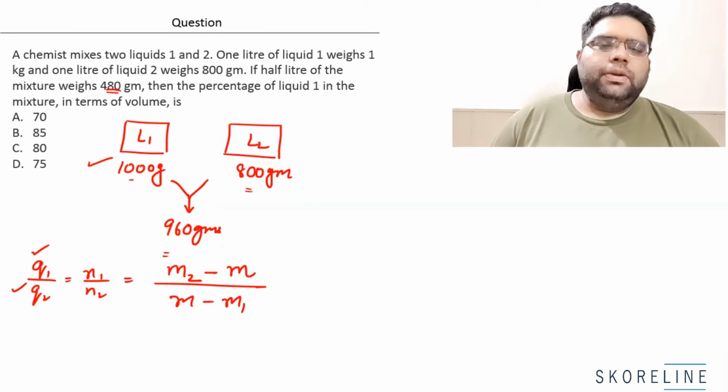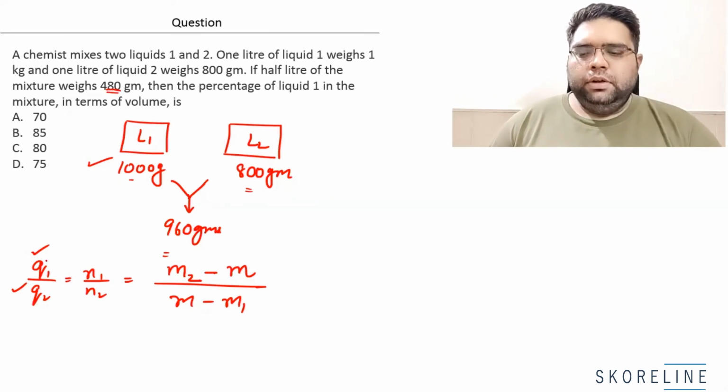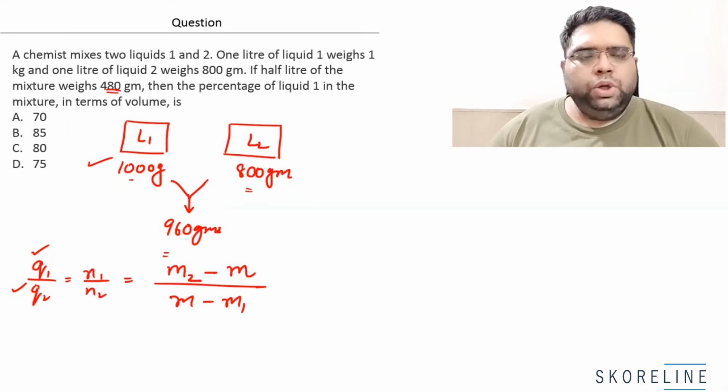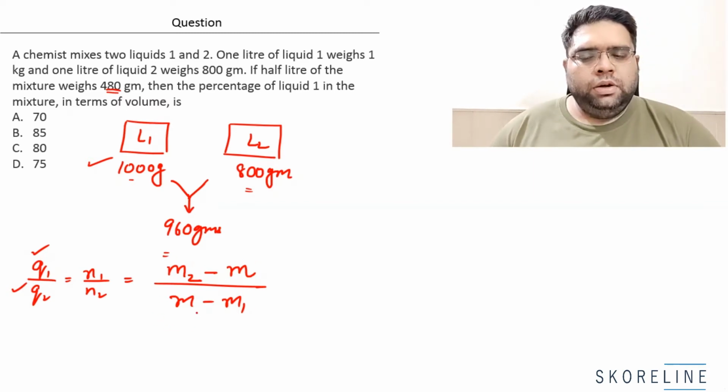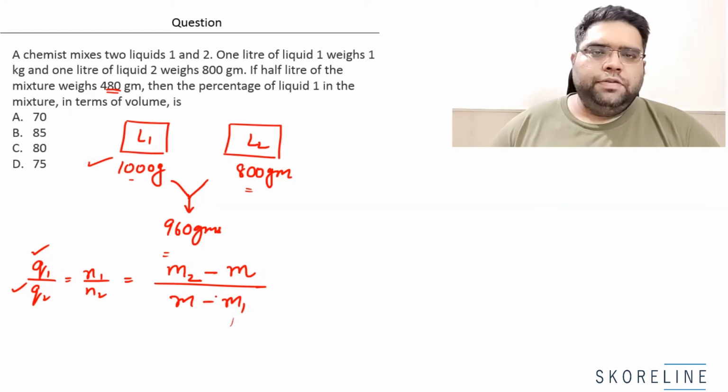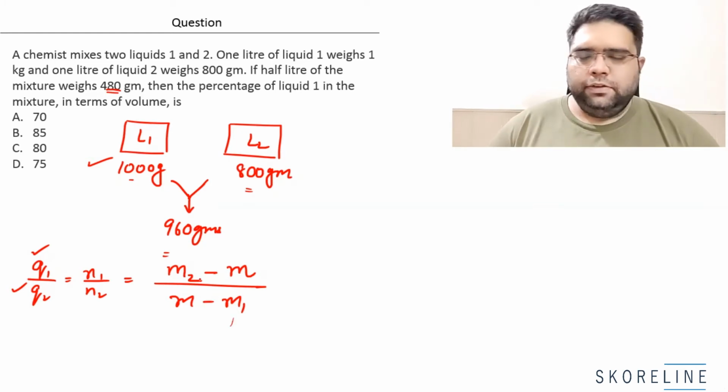So it's better to remember the formula this way: if you want to calculate Q1 upon Q2, then you subtract M2 minus M, and in the denominator it will be M minus M1. So second mean minus the average mean upon the average mean minus the first mean. Just remember it like this, right? So this is Q1, this is M2.